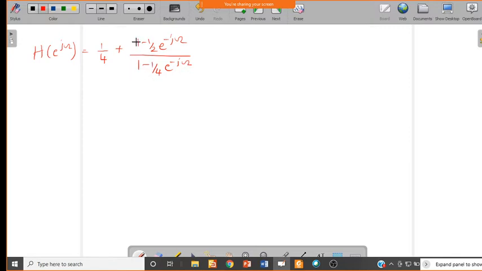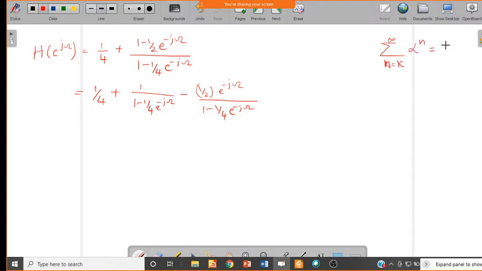Now again split these two terms. You will get 1 by 4 plus 1 over 1 minus 1 by 4 e power minus j omega, minus half into e power minus j omega divided by 1 minus 1 by 4 e power minus j omega. Now we know the summation, which we already know: for n varying from k to infinity, if it is alpha power n, we can write it as alpha power k by 1 minus alpha.